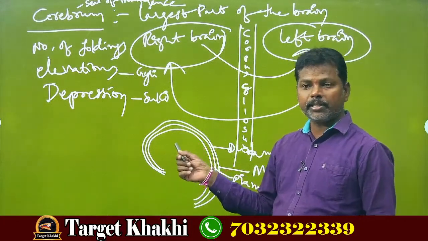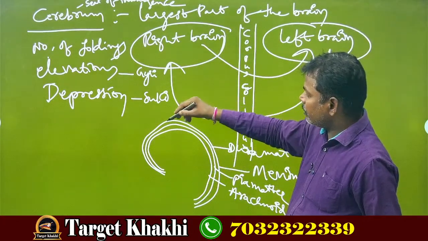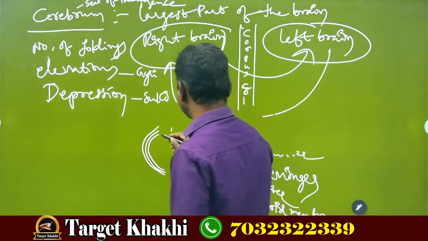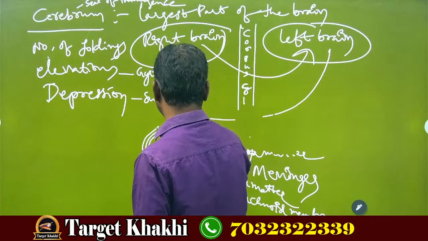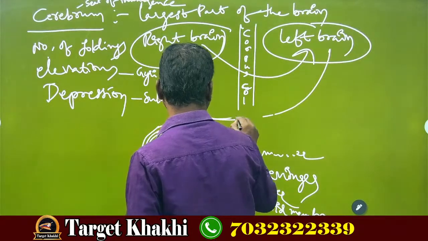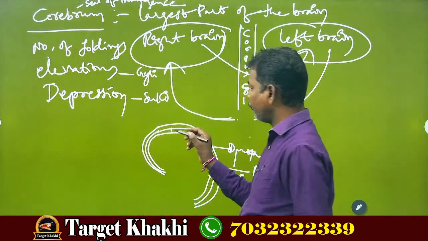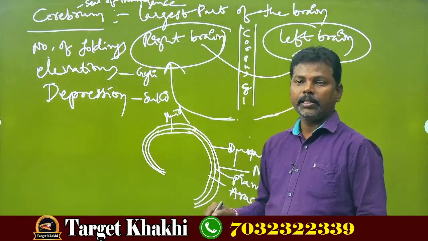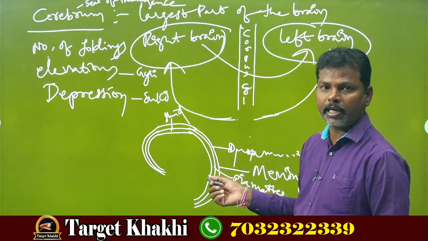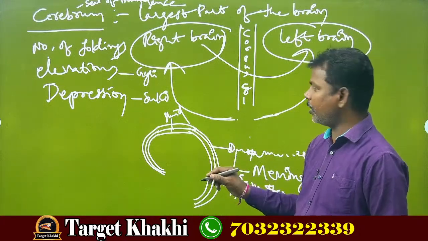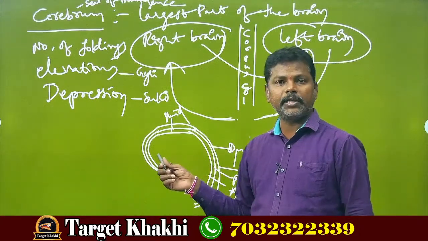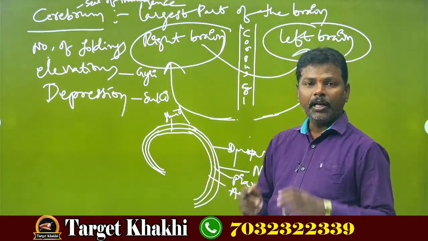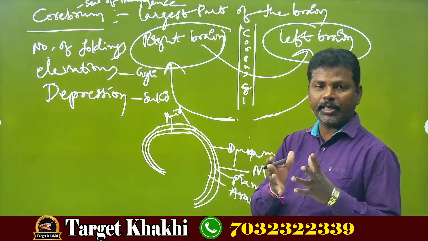In these three membranes, a fluid is present. It is called cerebrospinal fluid. Why is this fluid present on the brain? It protects from mechanical shocks and injuries.